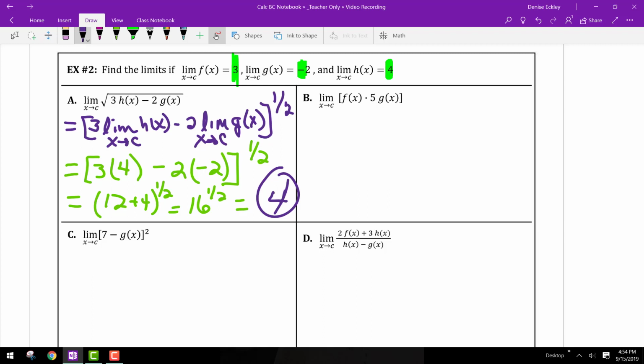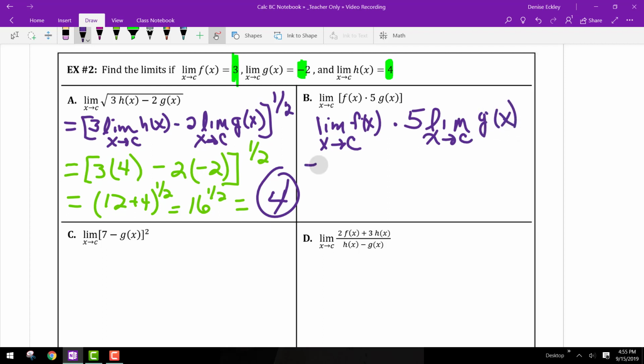We have the limit of f of x times 5 g of x, as x approaches c. So we're going to rewrite this as the limit as x approaches c of f of x times 5 times the limit as x approaches c of g of x.